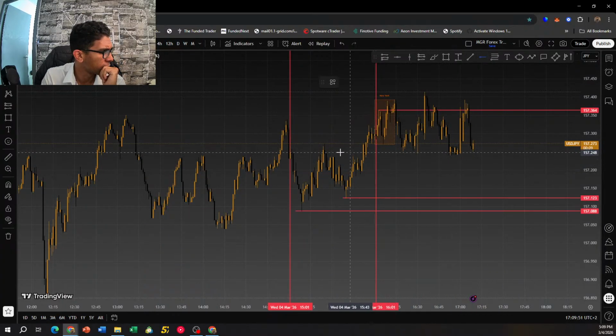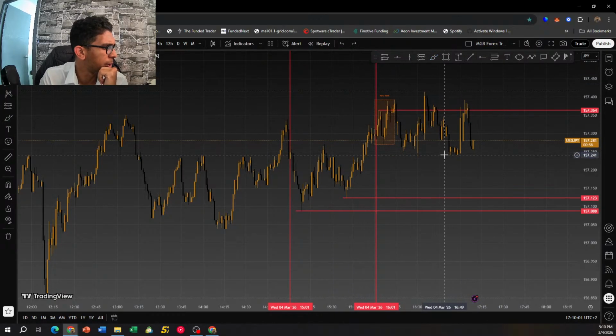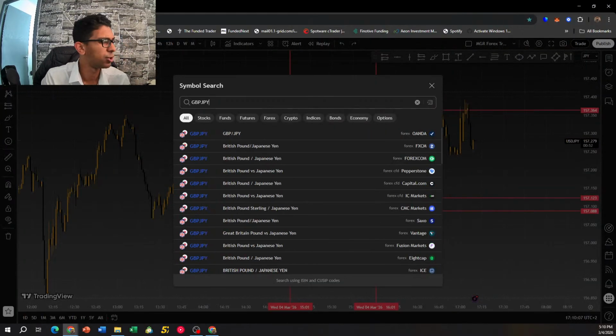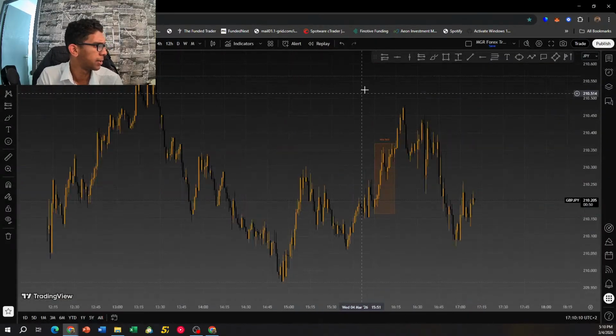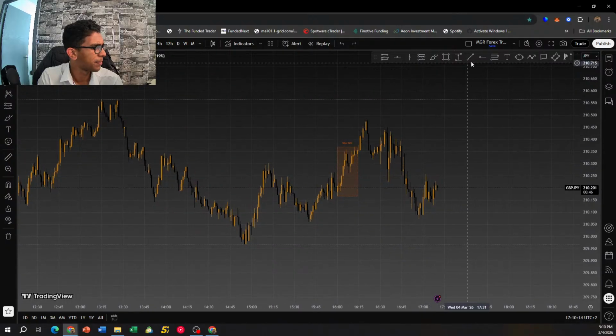I think it's very much range bound. Our previous resistance is now turned support, very much range bound. I would not be looking for an opportunity on USD/JPY at the moment. Perhaps GBP/JPY might be a little better, but let's see what we have on offer.